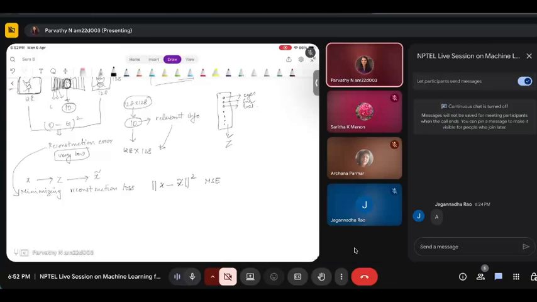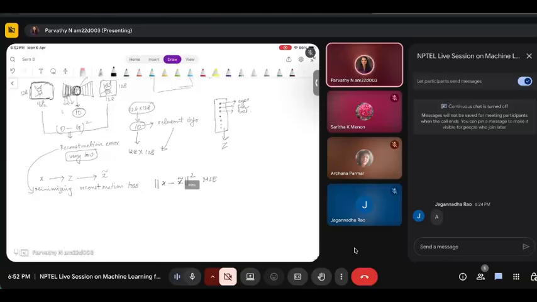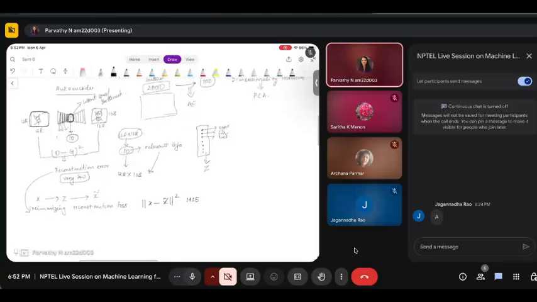And the difference of variational autoencoder is in how the Z is modeled.